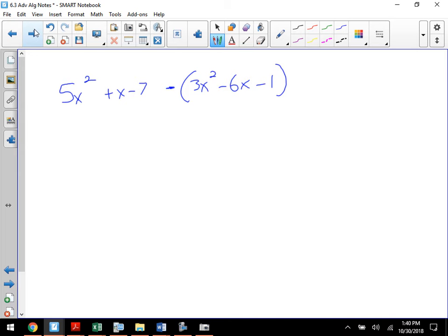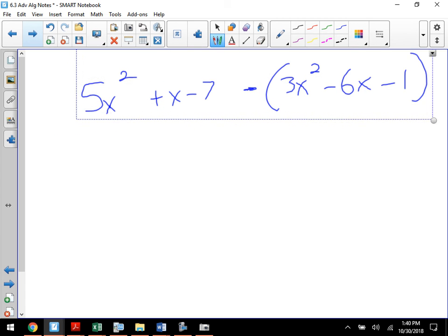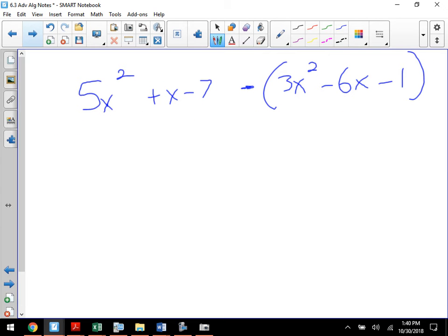For example, here's two trinomials: 5x squared plus x minus 7, minus the quantity 3x squared minus 6x minus 1. As I read this problem, I'm not going to write it horizontally. I'm going to automatically write it as 5x squared plus x minus 7, and I space it out ever so much.